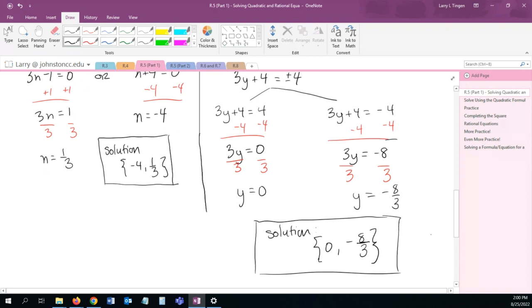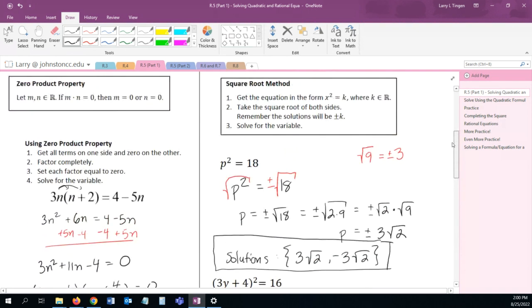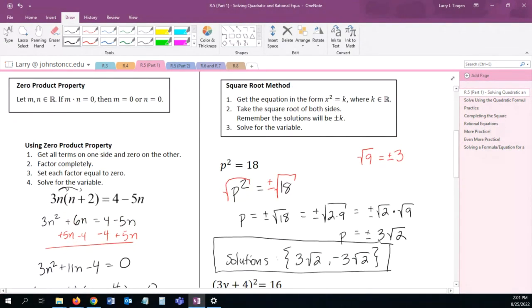Okay, so that's how to use factoring and the zero product principle, and how to use the square root principle. Most of the time we don't actually write out the zero product principle. We just call this factoring, but you're doing 2 steps there.